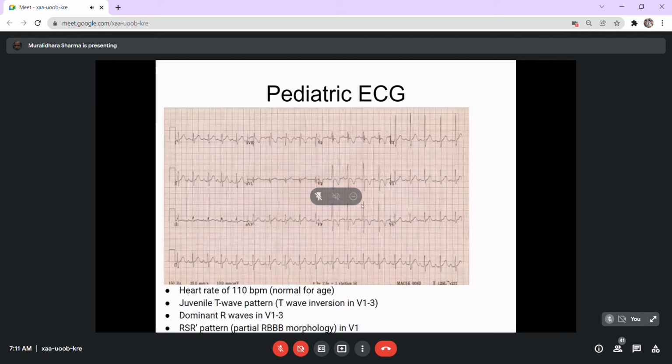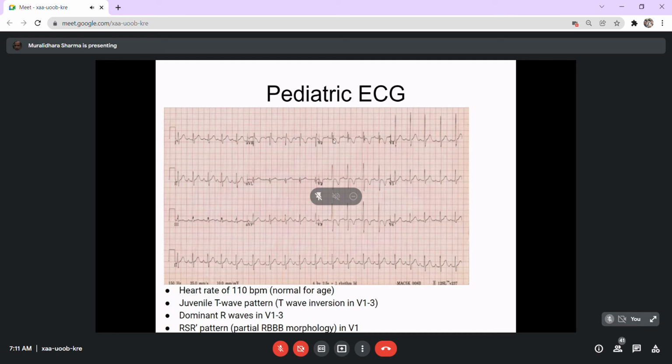And again, as the child develops and the age progresses, you will see certain changes. This is called a juvenile pattern, where the T waves may become inverted. Heart rate, of course, is high, and even up to the age of around 50 to 60 years, there could be an RSR pattern, where the QRS complex may have some abnormal waves in between.